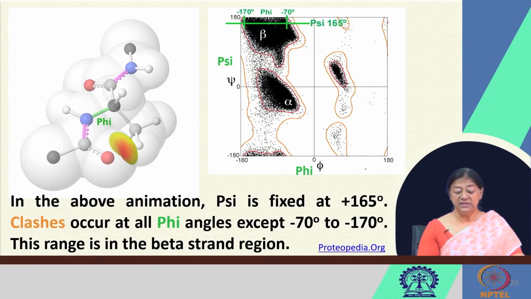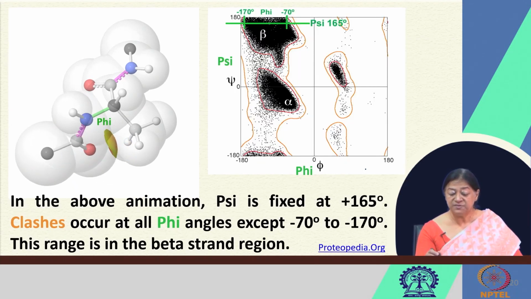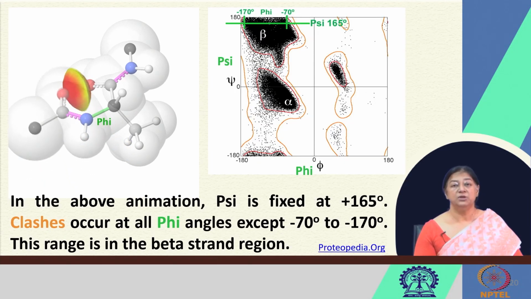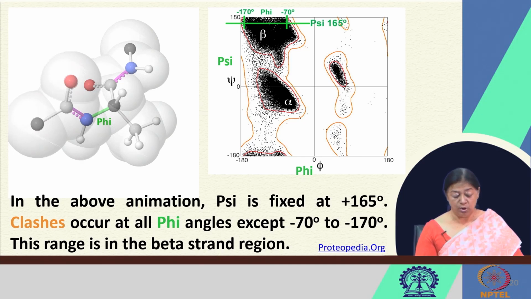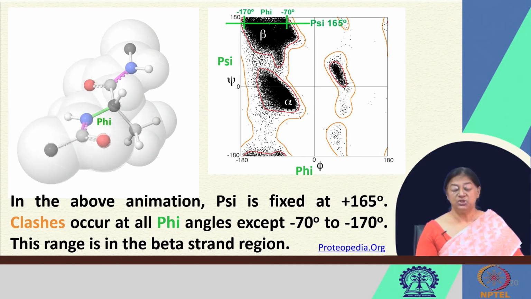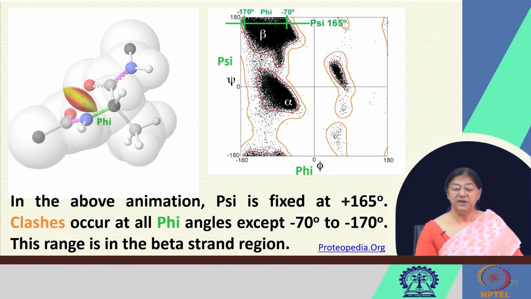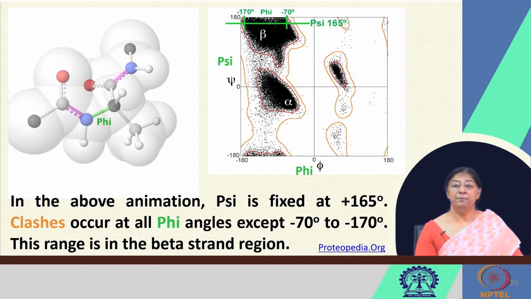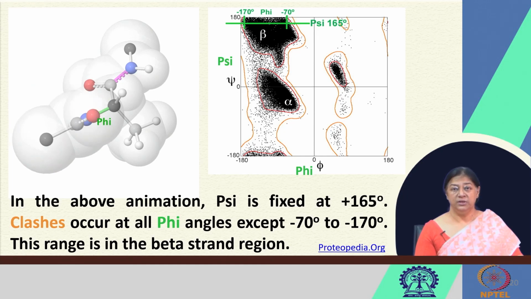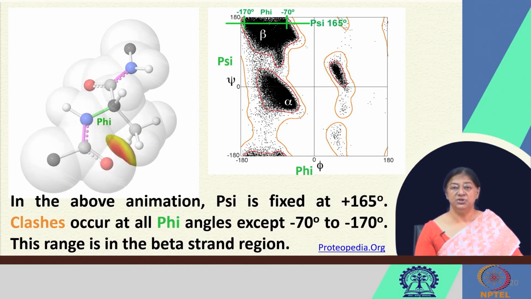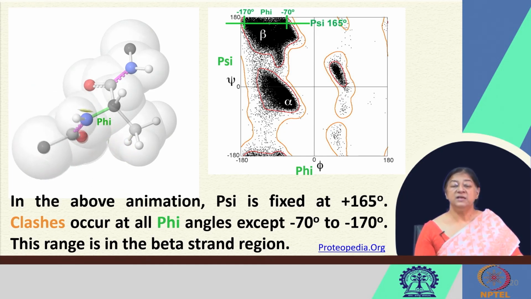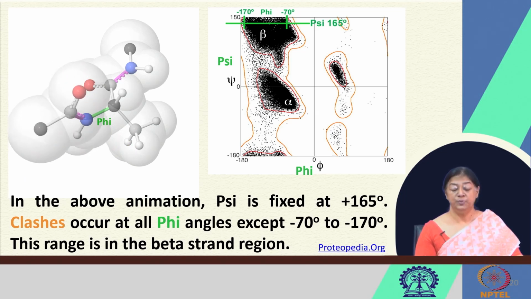So, the phi psi interactions give us specific regions of the Ramachandran plot that can be occupied, where clashes will occur for other possibilities. This is a very important feature of the backbone of protein structures, and this allows only specific orientations to be possible.